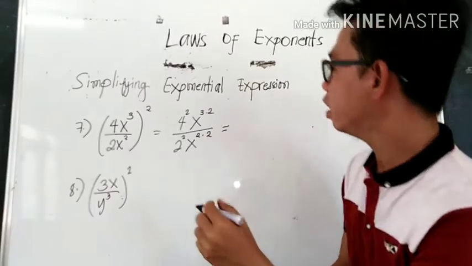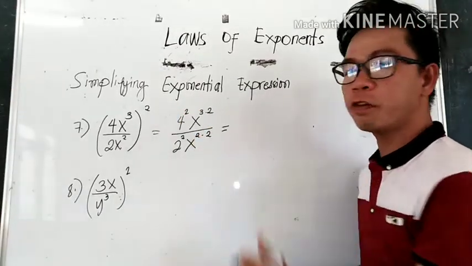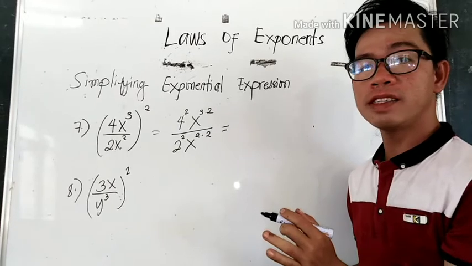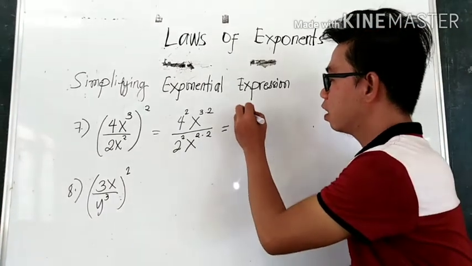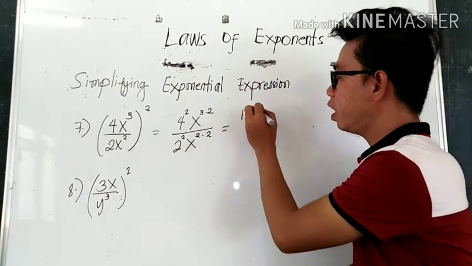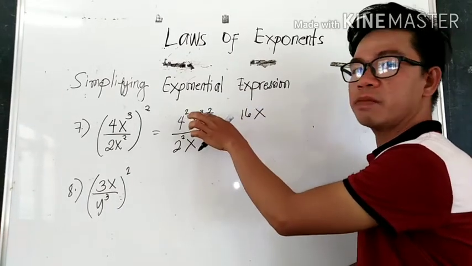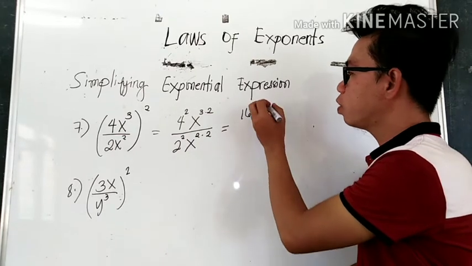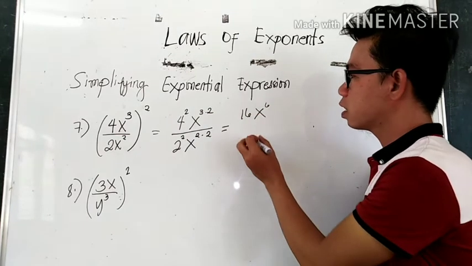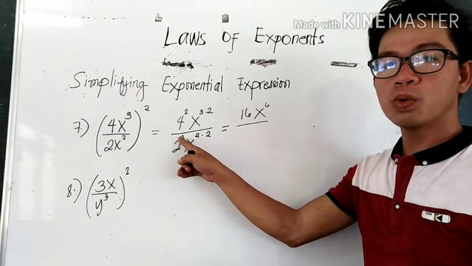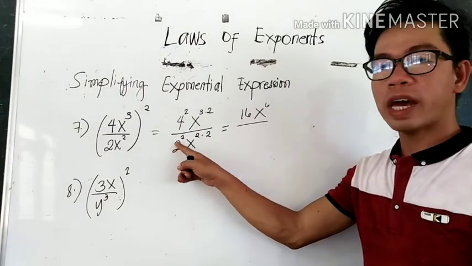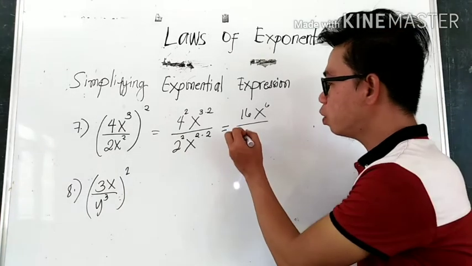Simplify. 4 squared, or 4 times 4, is equal to 16. x, 3 times 2 is equal to 6, over 2 squared, 2 times 2 is equal to 4.